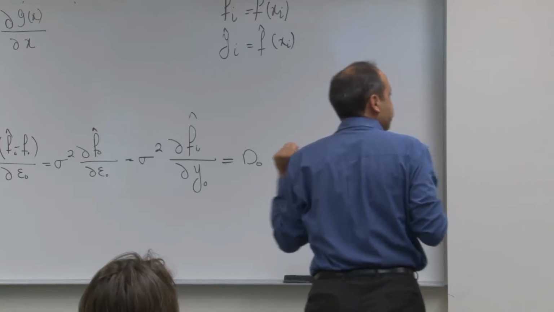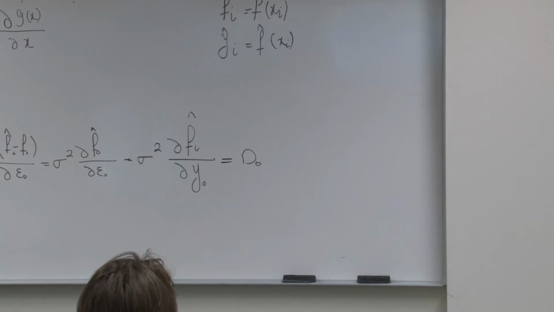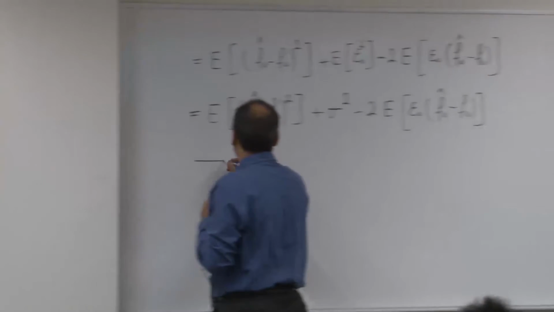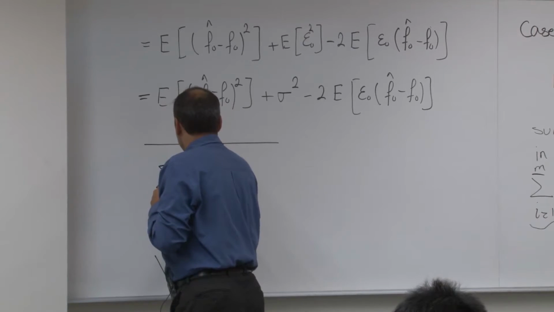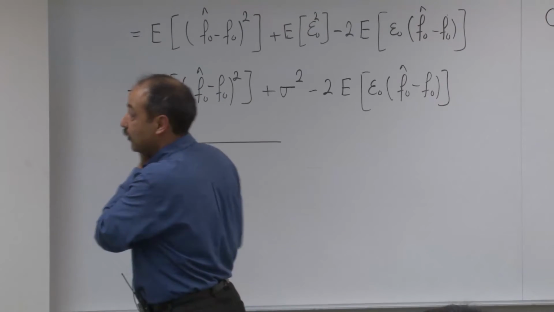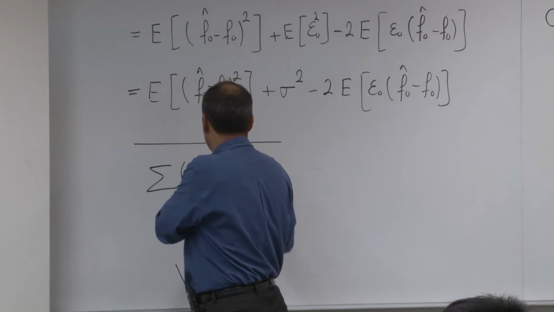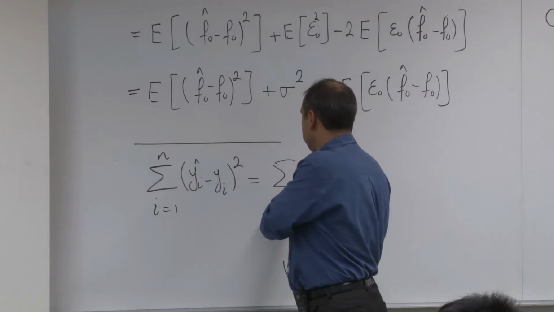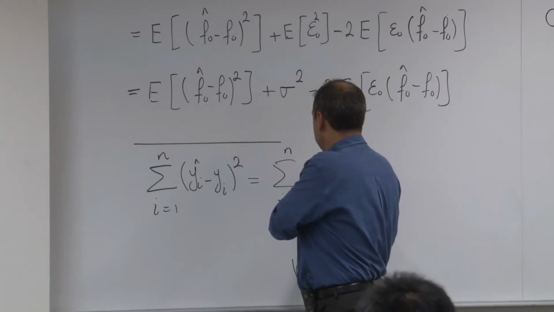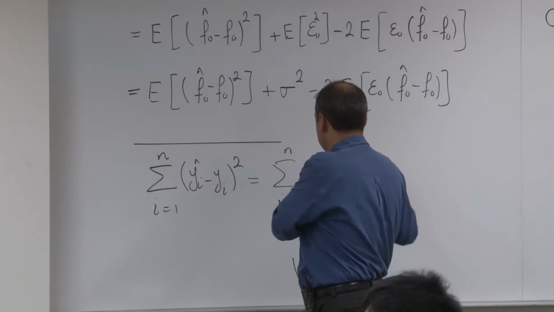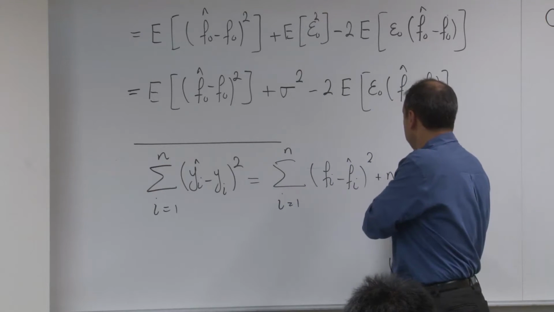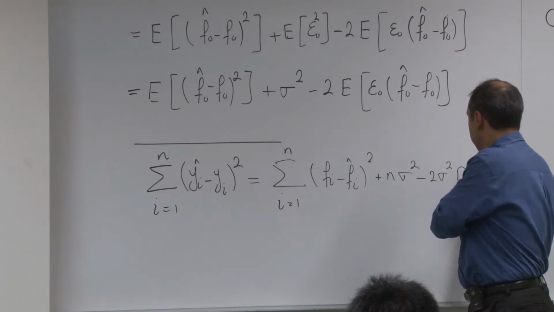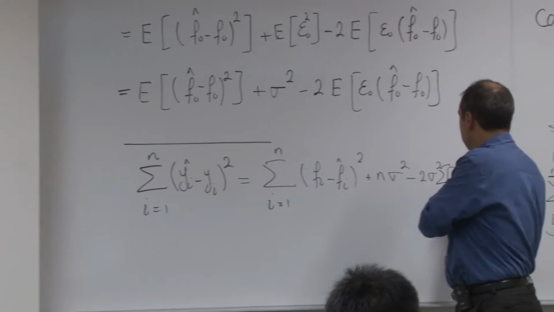And if I sum over all points, I'm going to have the summation of yi hat minus yi squared over the n data points that I have on the training set, which is the summation over all of these functions plus n sigma squared minus 2 sigma squared times the summation of di, i equal 1 to n.